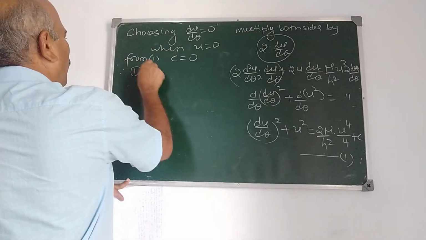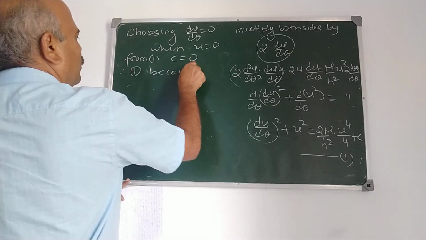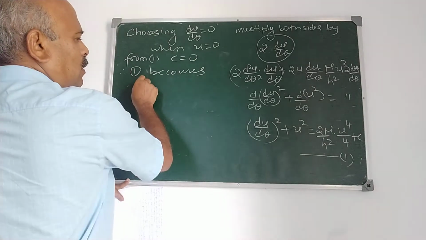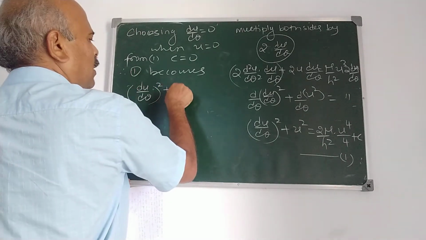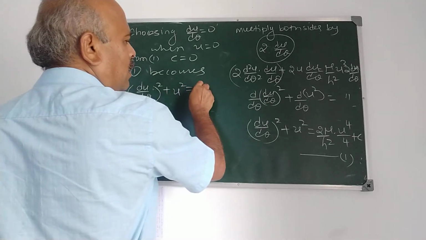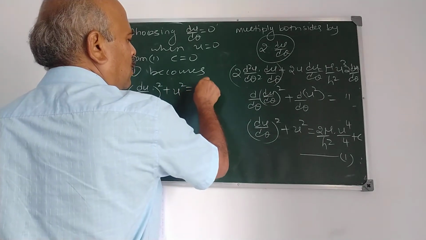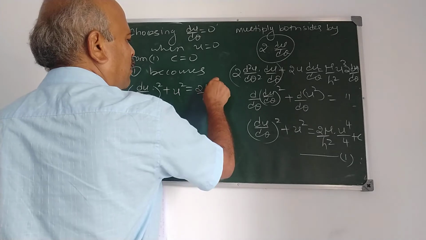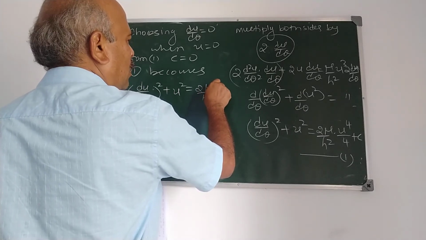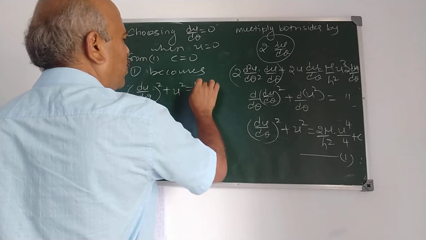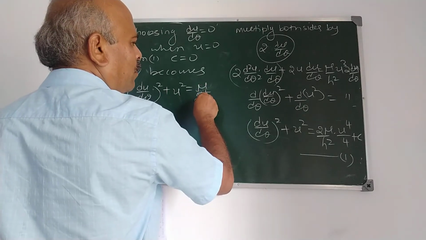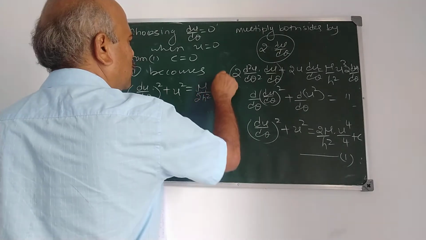Therefore, 1 becomes (du by d theta) whole square plus u square is equal to 2 mu by h square, correct, 2 by 4 or 1 upon 2, mu by 2h square into u raised to 4.